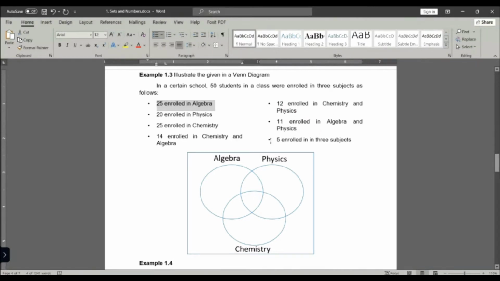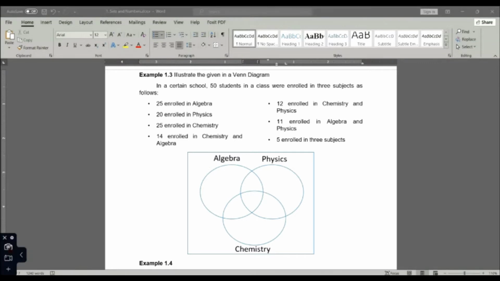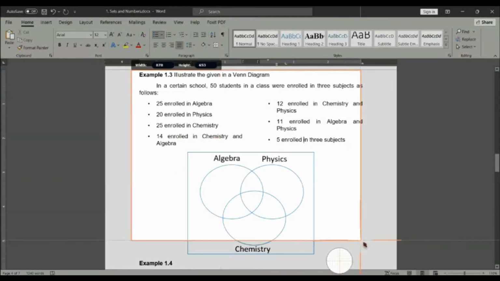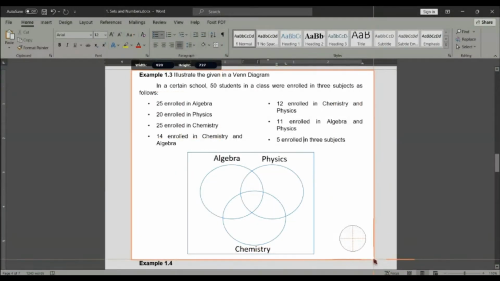And lastly, there are 5 students who are enrolled in all the three subjects. Okay, so our task is to illustrate the given information in a Venn diagram.